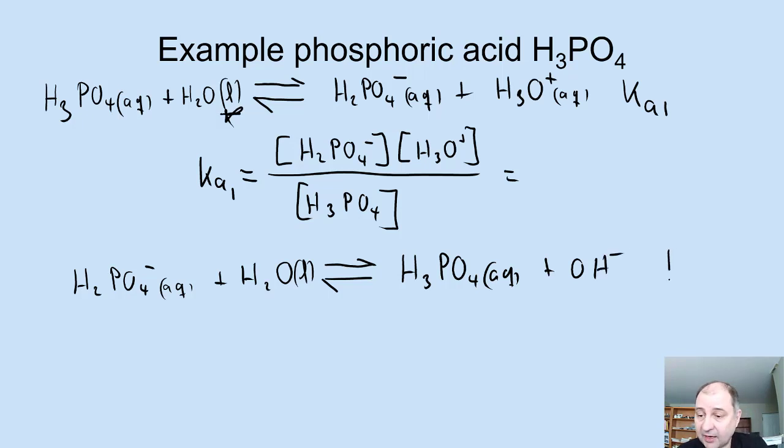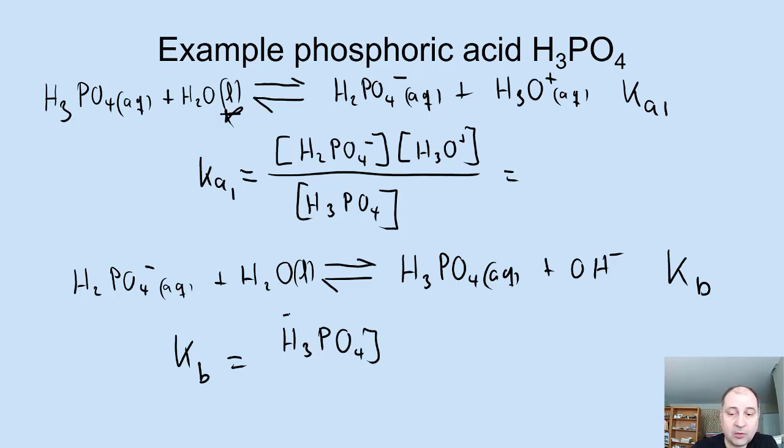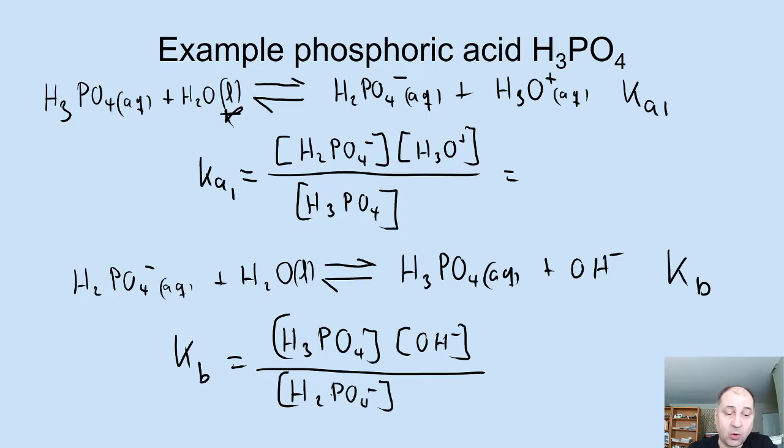So this would have a, let's say, a Kb, right? Okay, that's a base. So this would have a Kb, and we can write the expression for Kb, which is equal to the concentration of the products, in molarity, H3PO4, times the concentration of hydroxide, divided by the concentration of the dihydrogen phosphate ion, but not the water. So this is Ka1 and Kb, so this is really easy for us. Just pay attention to the little liquids and the solids.